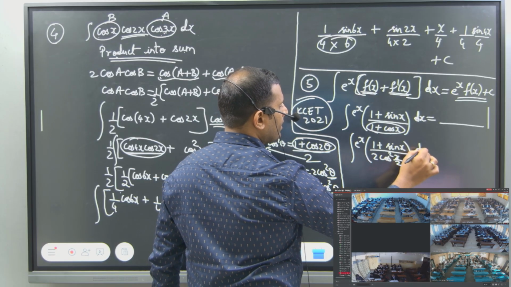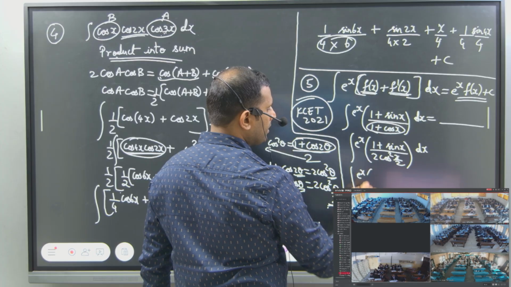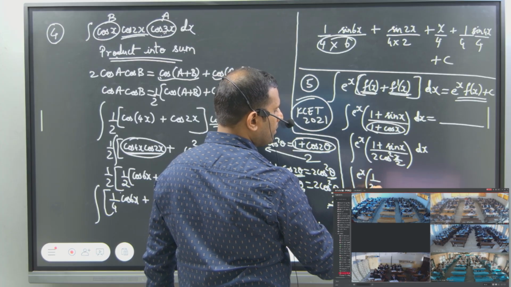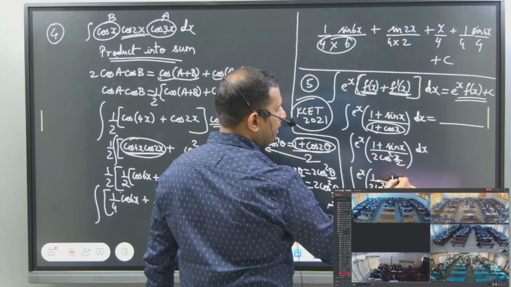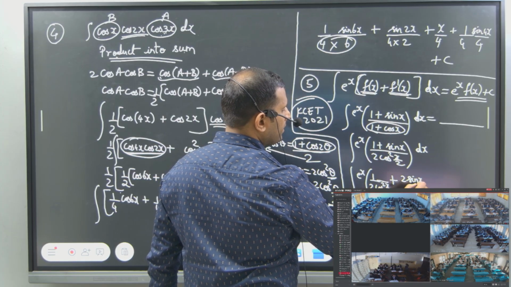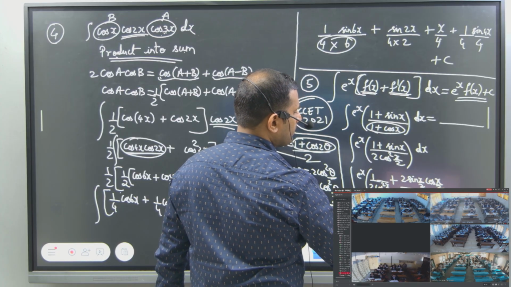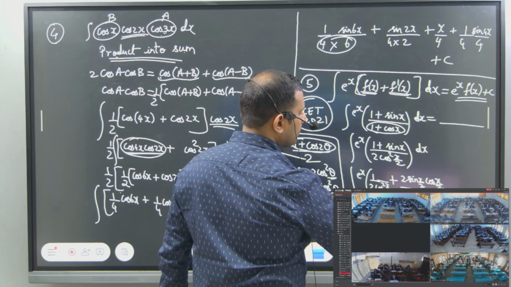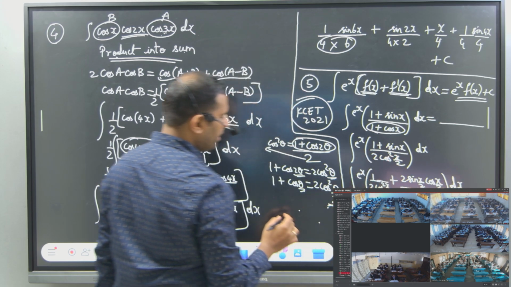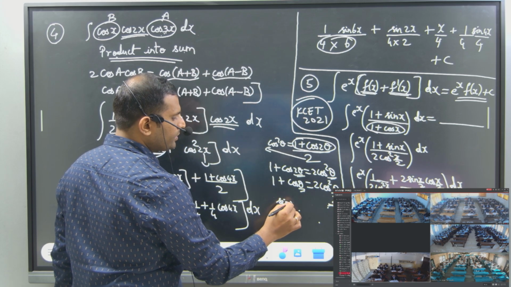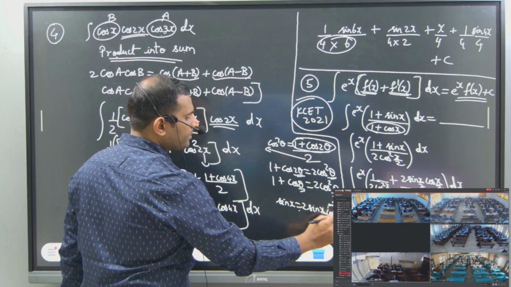And as you rightly told, now we have to split this. e power x into 1 by 2 cos square x by 2 plus sin x, which I'll write as 2 sin x by 2 cos x by 2. Using the sin 2 theta formula, sin x will be 2 sin x by 2 cos x by 2.